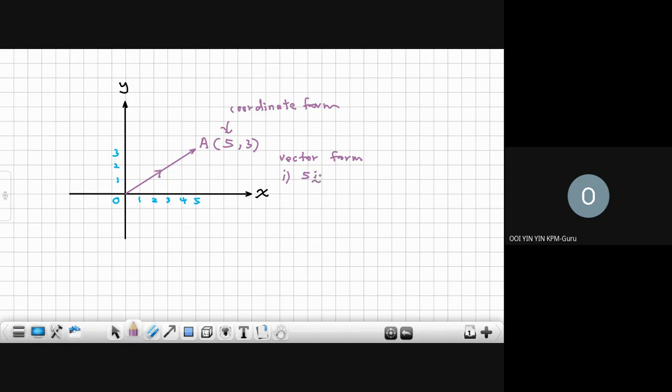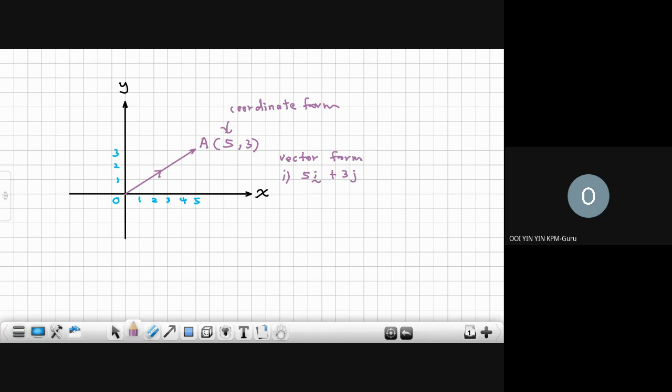This i also represents your x-axis, that means i is your horizontal line. So let's say you have a point A with coordinate 5, 3, and then your vector will be 5i plus 3j, like this.